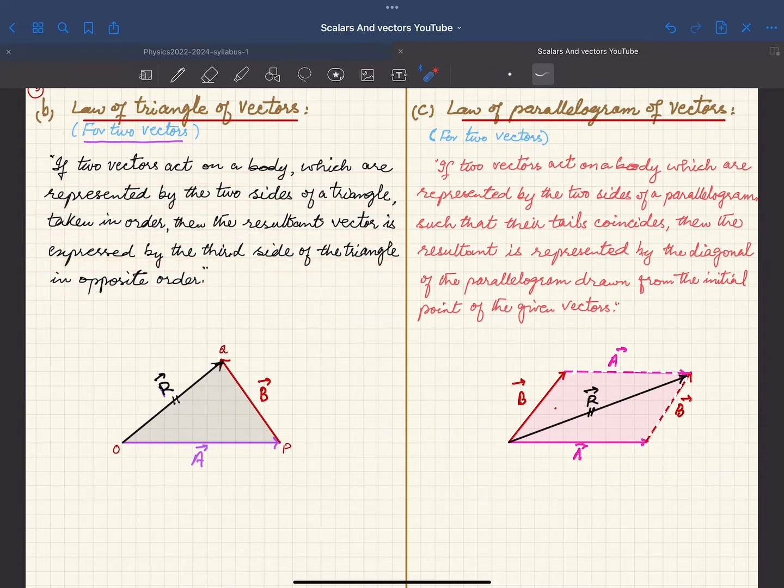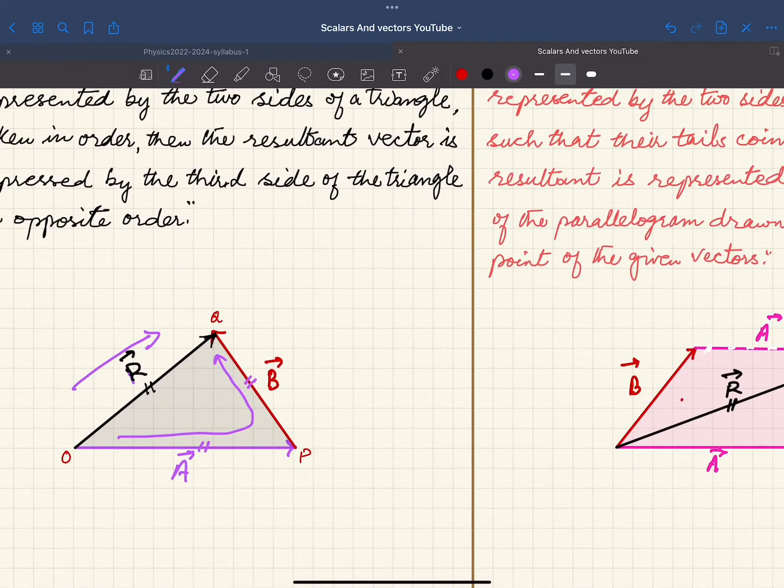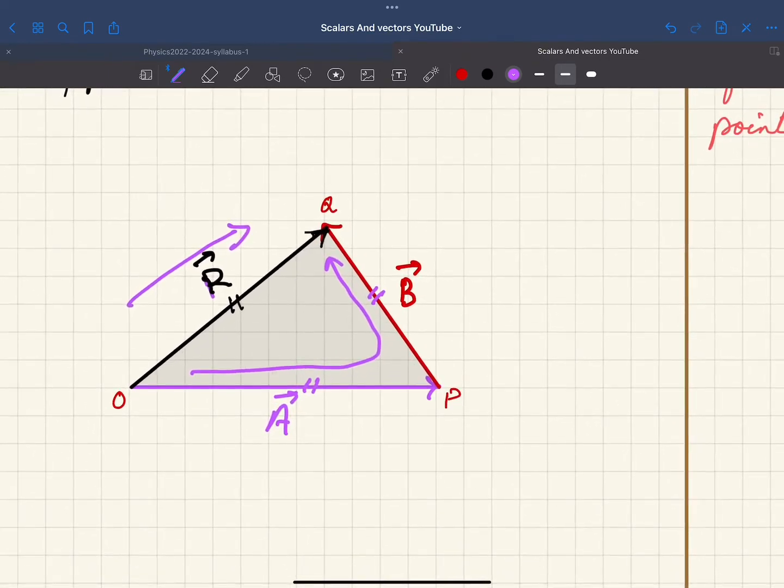That is, you have two vectors, this vector is A and the addition with B, then you can see that this is one order, but the resultant vector will be the third side of the triangle in the opposite order. So this will be the situation of the law of triangle, and as I said, particularly when you are considering the situation of forces, this will be a very important method.